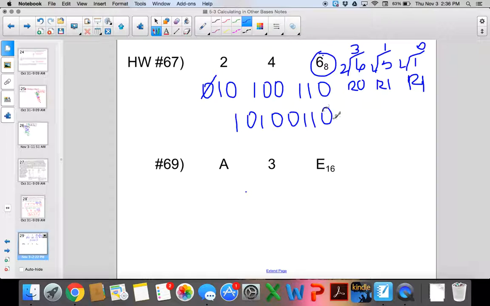And this is now a binary number, so it's base 2.